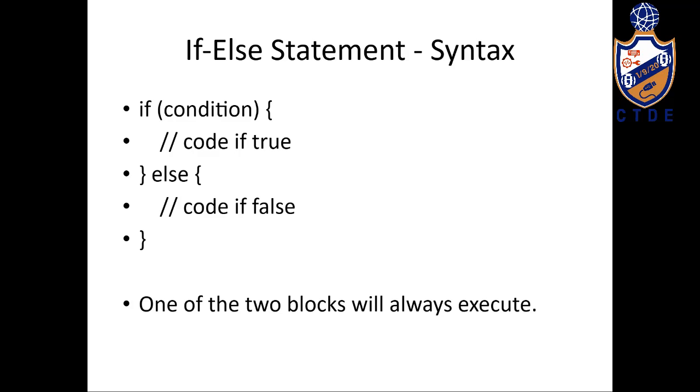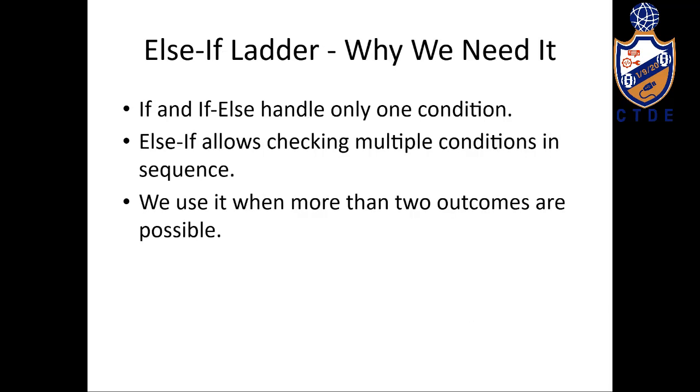The code inside the else block will be executed if the condition is false. So only one of the two blocks will be executed. They cannot be executed at the same time. If it is true, then the top block will be executed. If it is false, then the bottom block will be executed.